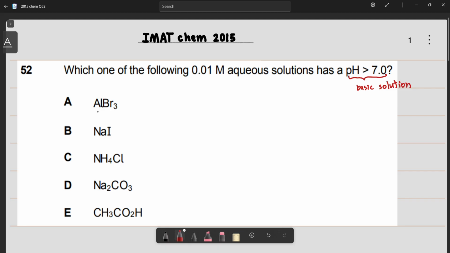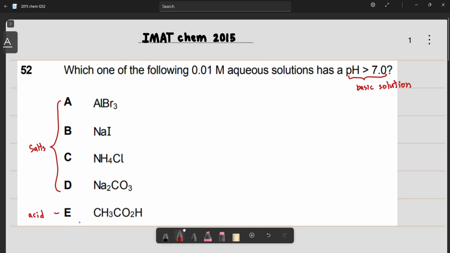We are given aluminium bromide, sodium iodide, ammonium chloride, and sodium carbonate, and we're given a carboxylic acid. So we must know that only option E is an acid itself, but the rest of these compounds are actually salts.